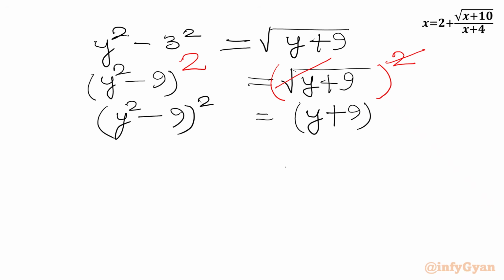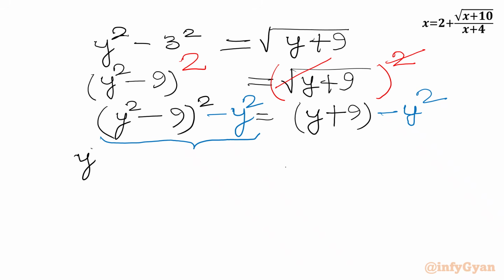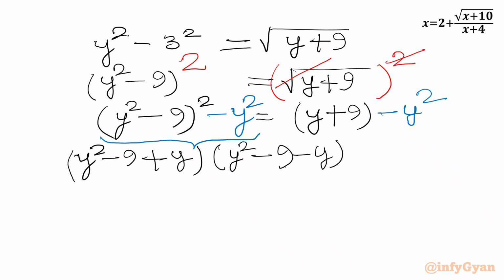Now we will subtract y square from both the sides. So we will write here minus y square. In RHS we will write minus y square. Here we have a square minus b square form. We will use a square minus b square formula, which will be a plus b times a minus b. So we will write y square minus 9 plus y square minus 9 minus y equal to, I will take minus common.